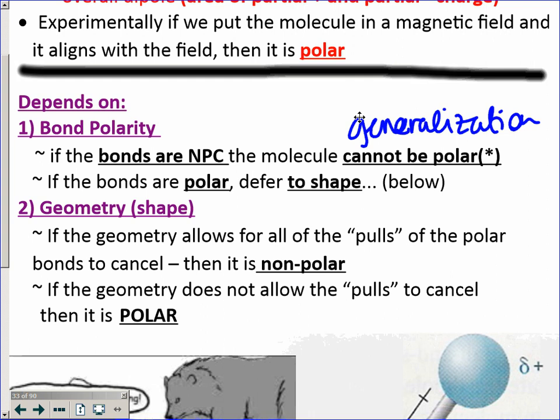Yes, ma'am. Okay, so I get how to do it, but I don't know what any of it is. The reason we have to figure out polarity is something we're going to talk about in maybe half an hour to an hour. Once I figure out if a molecule is polar, it tells me every property it can have and what it does in the real world. Water's polar. Most people have heard that before.